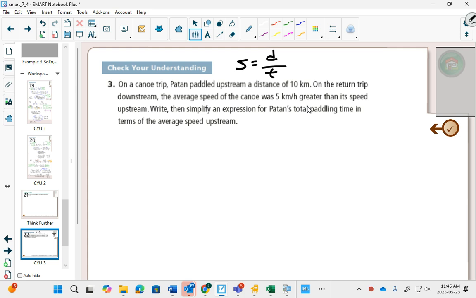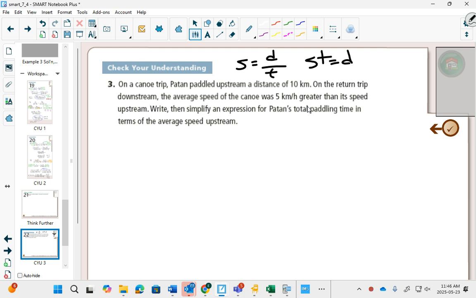Now, if you have this formula, you can rearrange it to get any letter by itself. So if I want to get the D by itself, I would have to multiply both sides by T. Maybe you remember this as the STD formula, although that doesn't sound like a good formula, so maybe we shouldn't write it that way.